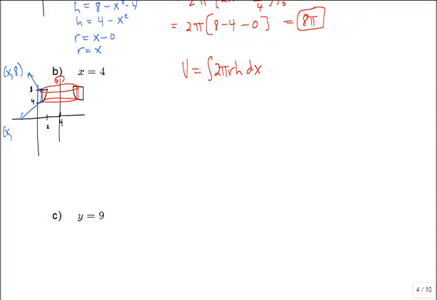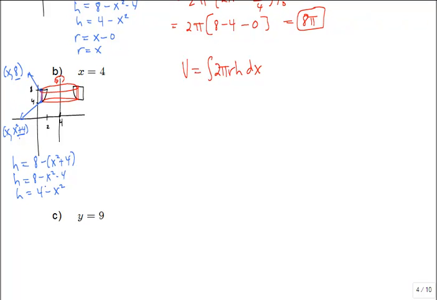And the bottom point is on our parabola, which had as its equation x squared plus 4. So the height function is this top minus this bottom. So that's exactly the same height function that we used in the last example. So when we distribute the negative across, we get that height is 4 minus x squared.